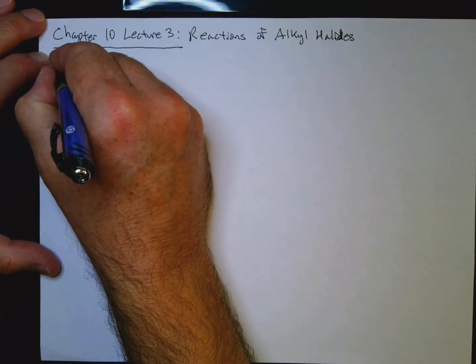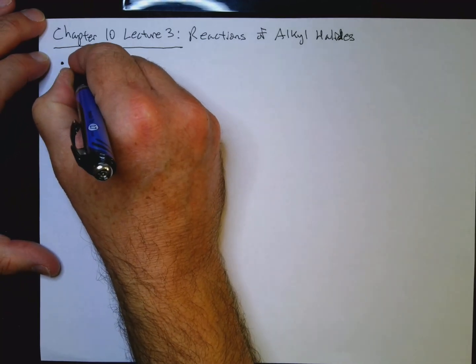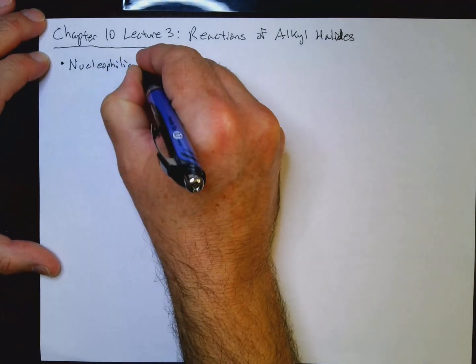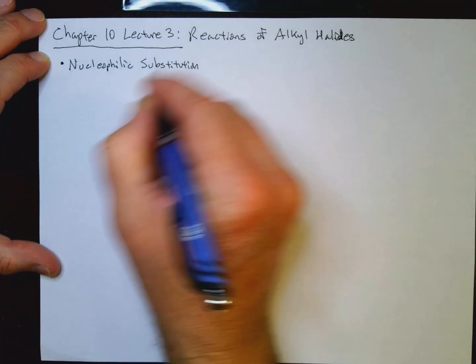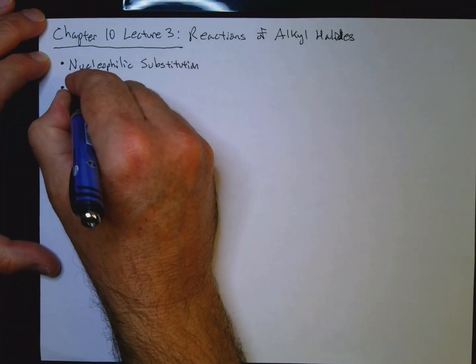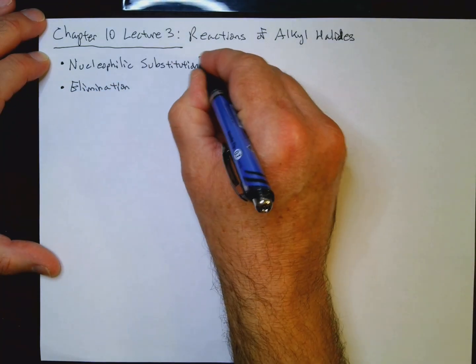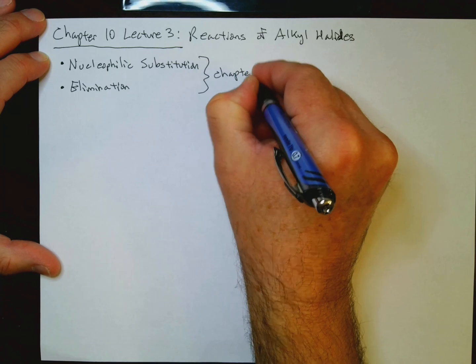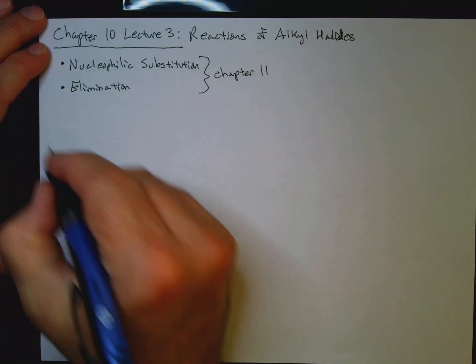Now, there's a couple that we're going to look at in more detail in Chapter 11, and those are nucleophilic substitution and elimination. So I'm not going to talk about these in this lecture.